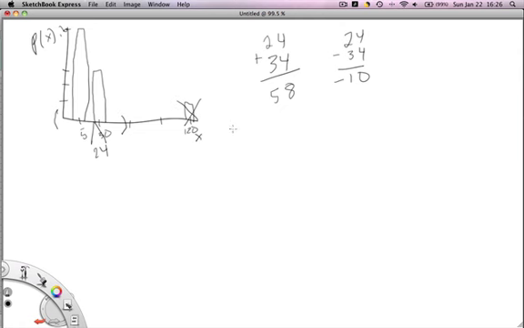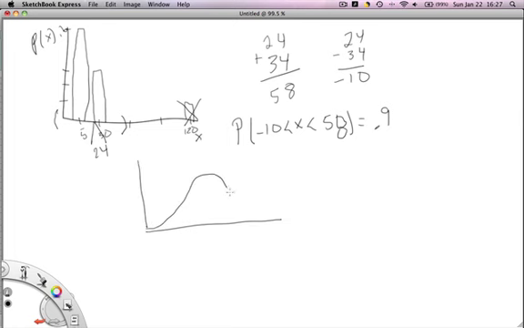So the probability, if you want to write this in very formal ways, so what's the chance that we are between minus 10 and 58 is going to be everything but that last bar, which is 0.9. Now this is quite different than what you'd get with a normal curve. Recall that if you have a normal curve, the chance that you're within one standard deviation of the mean, if this is the mean, you go one standard deviation out, so this is sigma, and this is sigma, that chance is 68%.